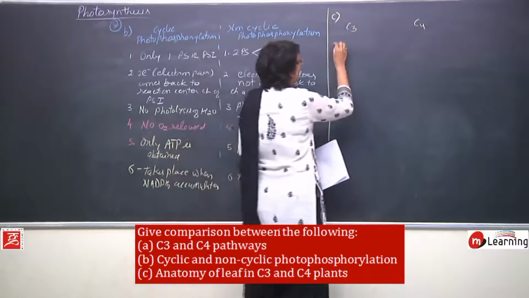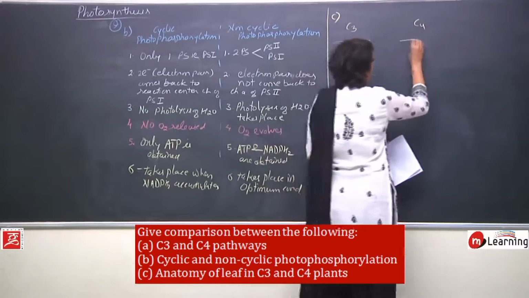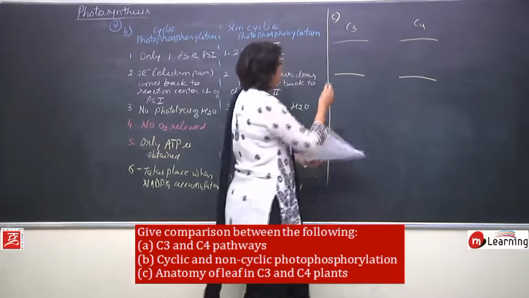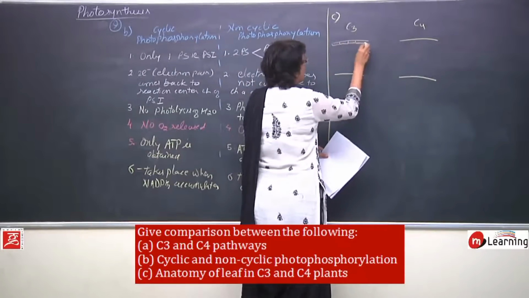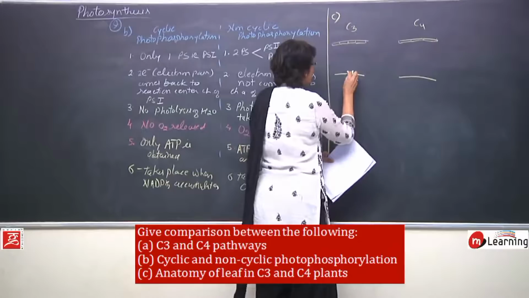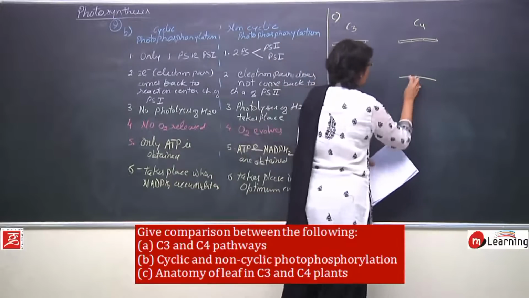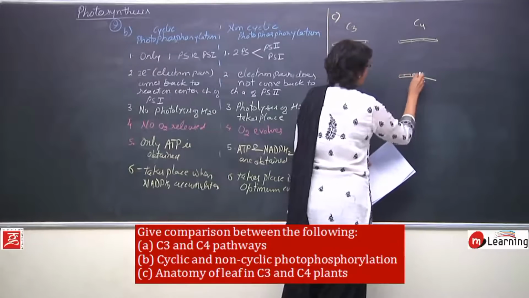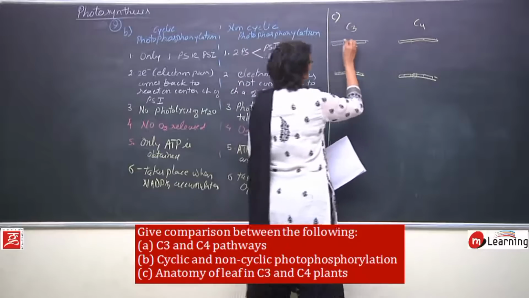If we make the structure of leaf in case of C3 and in case of C4: upper epidermis, lower epidermis, no significant difference. Lower epidermis will have stomata in both the cases. Upper epidermis has cuticle.